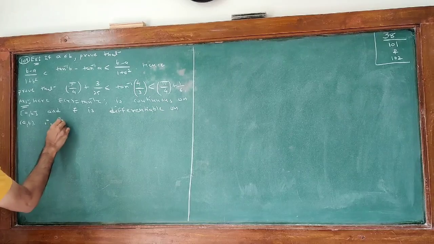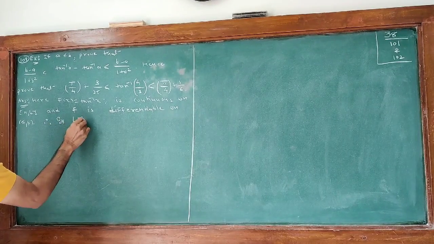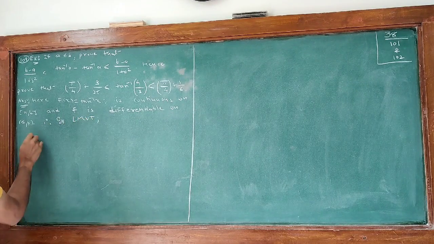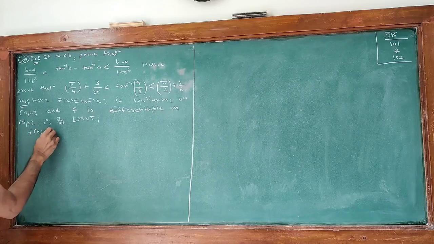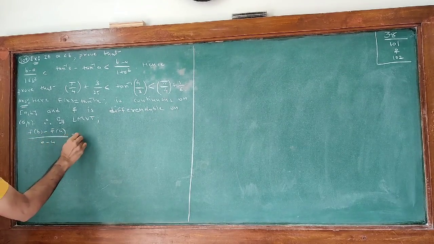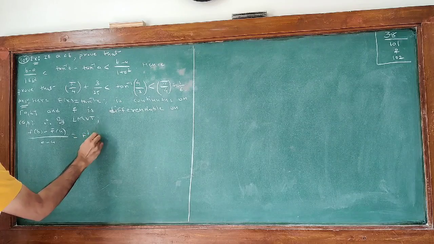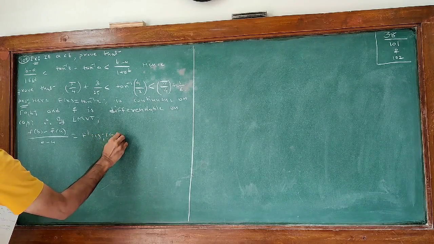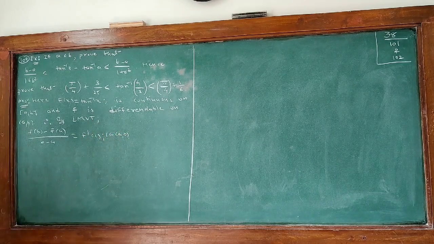Therefore, by Lagrange's mean value theorem, (f(b) minus f(a)) upon (b minus a) is f dash c, where c is in the open interval a to b.